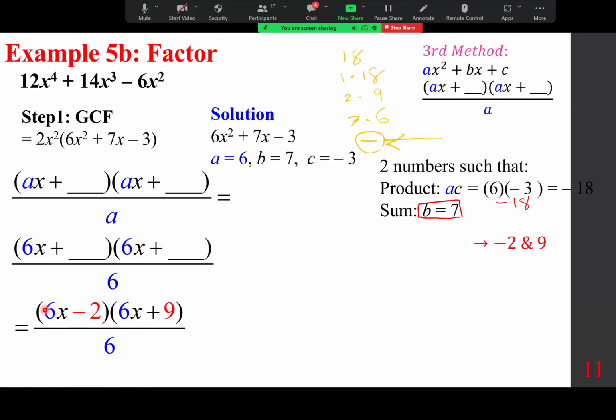So again, the first one, I can take the 2 out. And the second one, I can take the 3 out. The product of these two is 6.